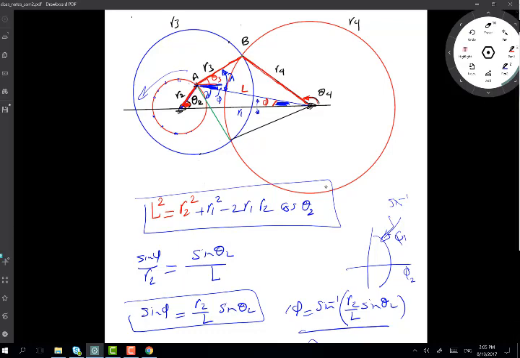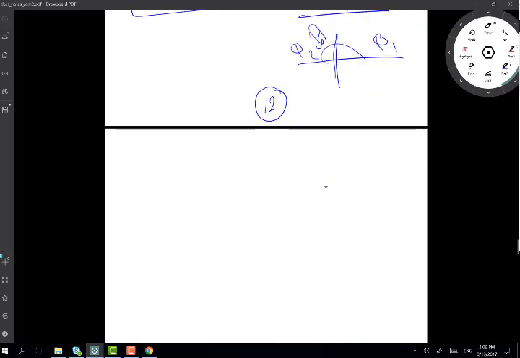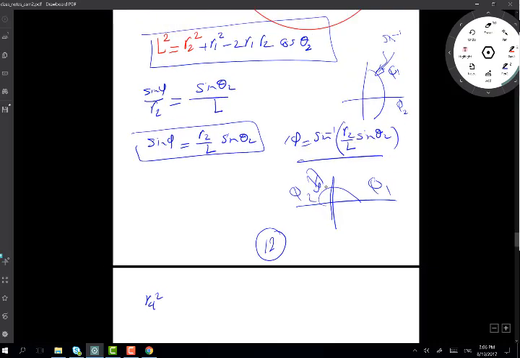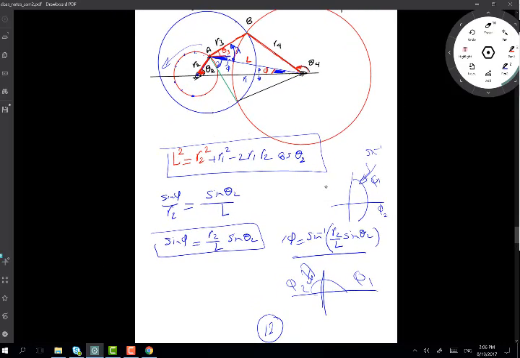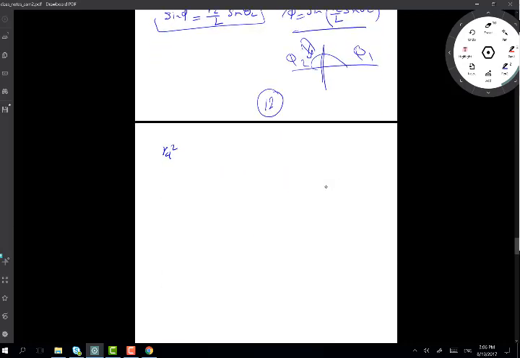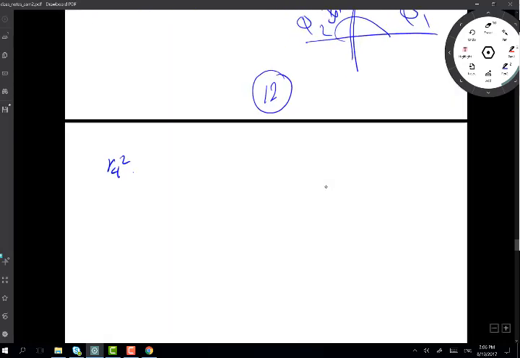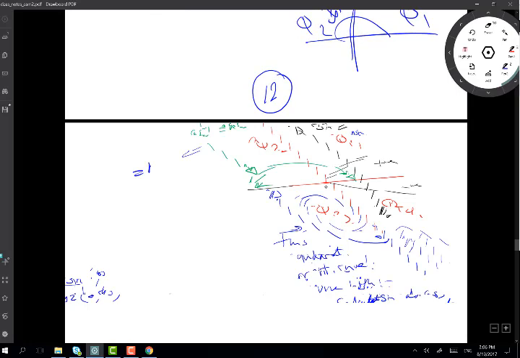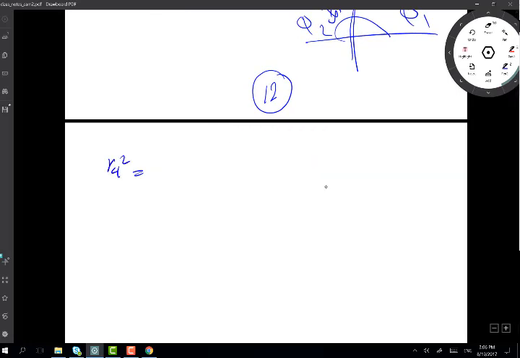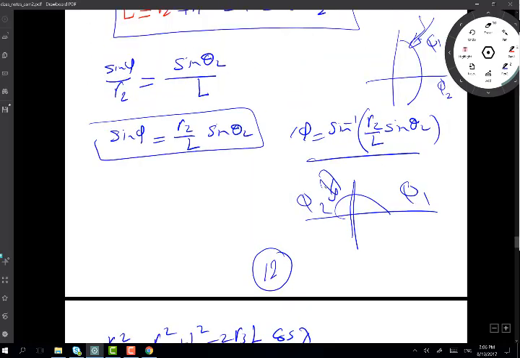I can go with r4 squared, and a cosine expression will do. Here r4 squared is related to r3 and to L. So that's equal to r3 squared plus L squared minus 2 r3 L cosine of the angle lambda. Is this correct?